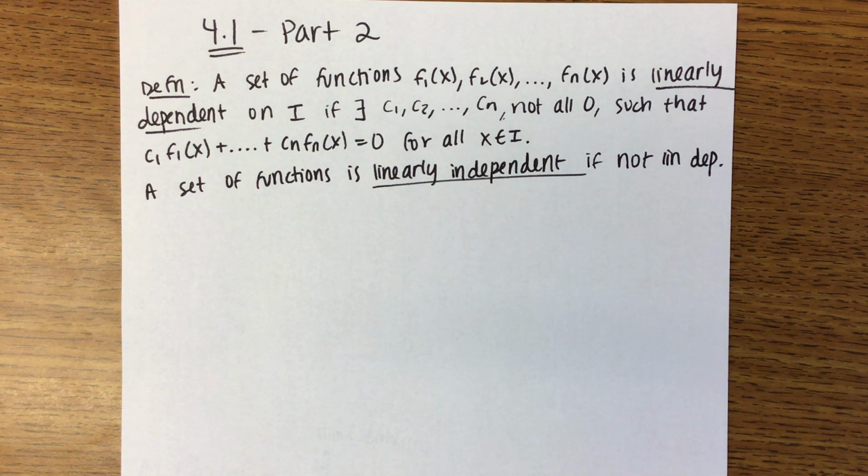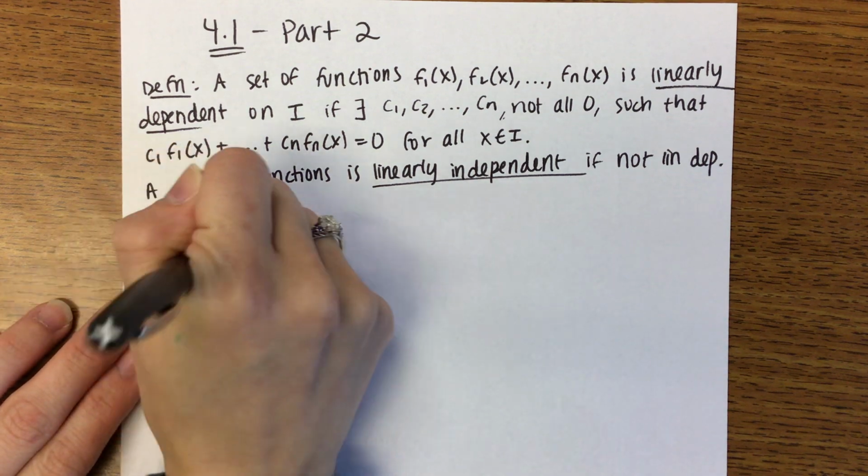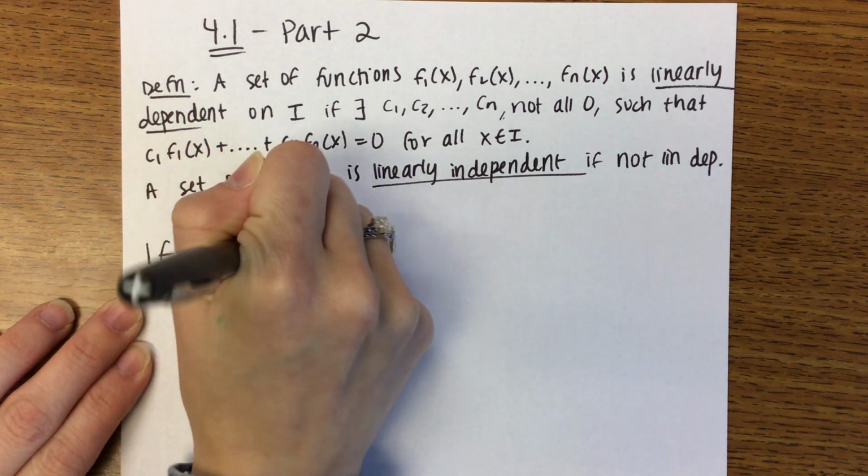I know, great definition. The linearly dependent one is the most important. Sometimes you'll be able to tell just by looking at the functions. Sometimes you won't be able to, so we'll look at a few examples.